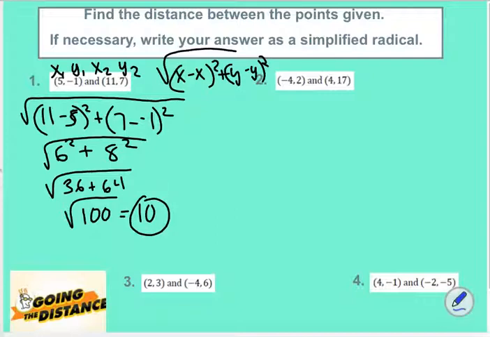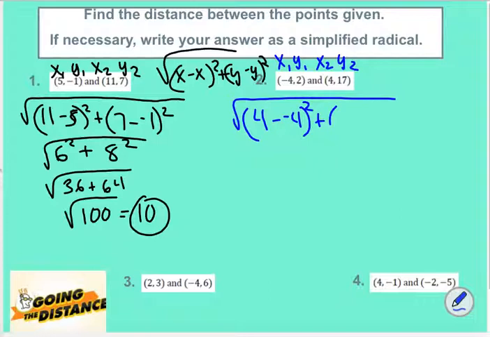And it's not a bad idea to label x1, y1, x2, y2. So number 2, 4 minus the negative 4 squared plus 17 minus 2 squared. 4 minus the negative 4 is not 0. A lot of kids will put 0 here, and then that'll be wrong.